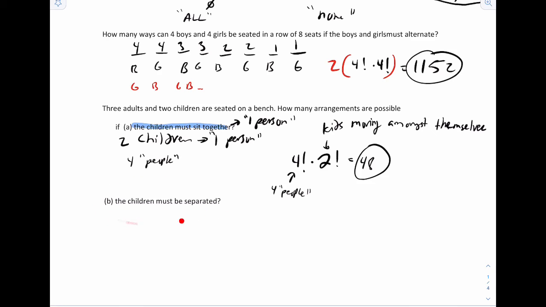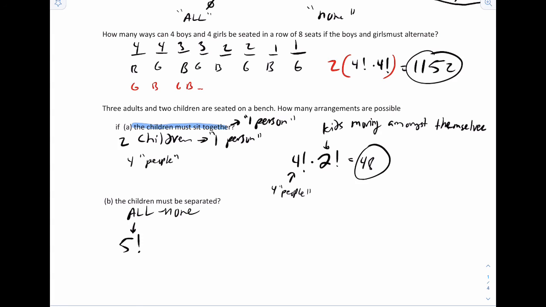Now go to B. The children must be separated, so opposite of this question. In A, they were stuck together. In B, they cannot be together. So this is kind of a creative question because it's actually an all minus none question. Meaning I can calculate everybody, which would be 5 factorial.